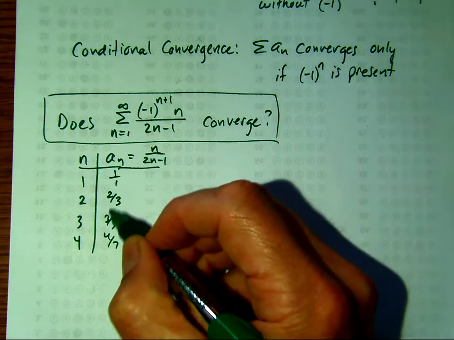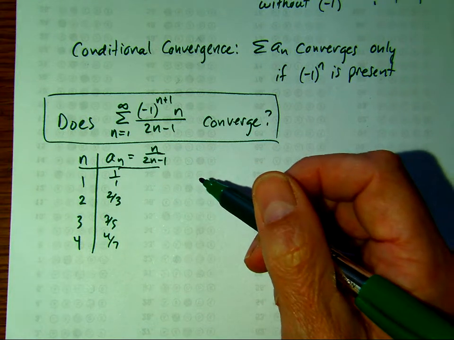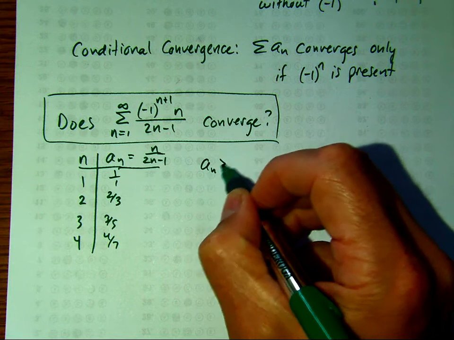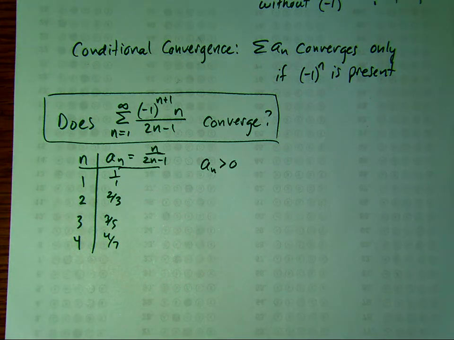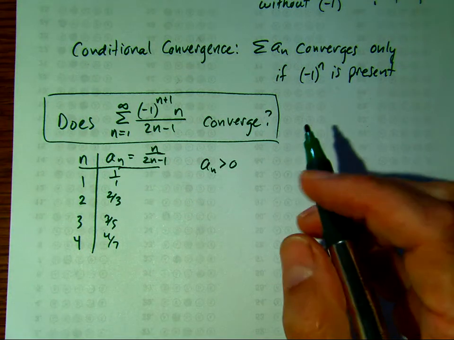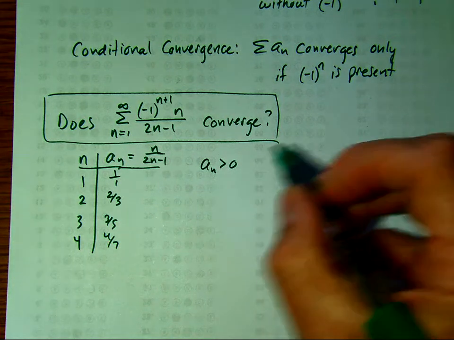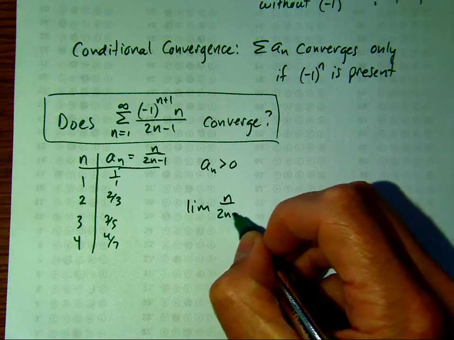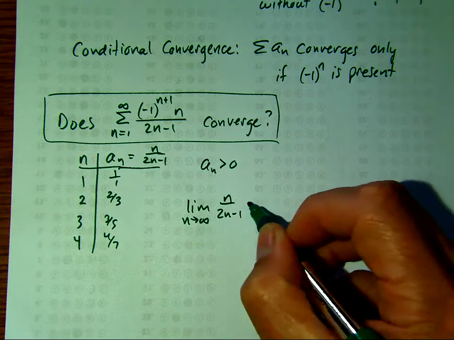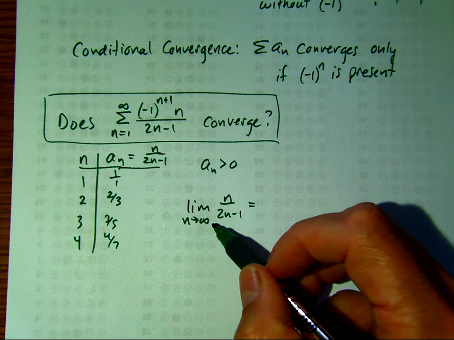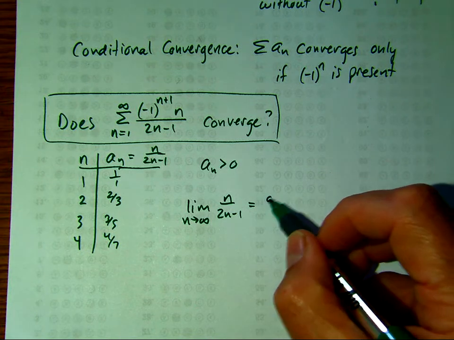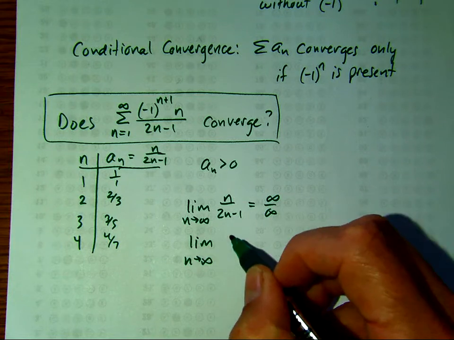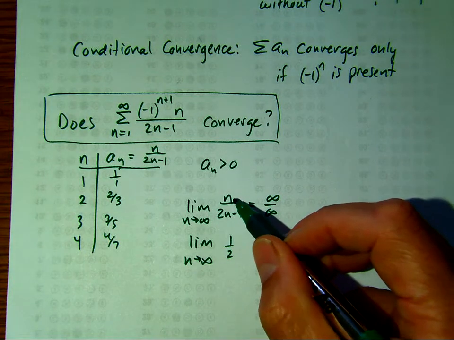We have positive values, so the sequence has positive values. Let's see what happens to the limit. As n goes to infinity, we get infinity over infinity. So with L'Hopital's rule, we take the derivative of n and the derivative of 2n, and we have 1 over 2.